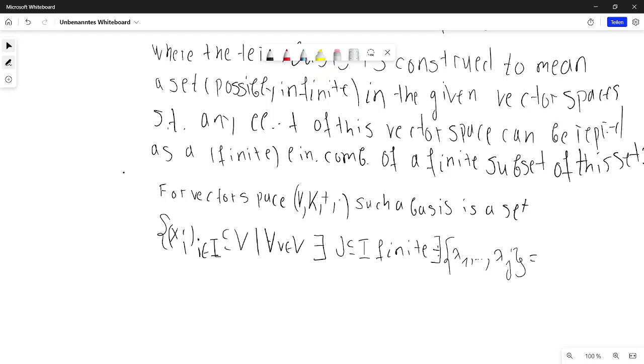So we can just call these elements like that, because the important thing is the existence, such that v is represented as a sum over J. Okay, sorry, that was of course wrong.